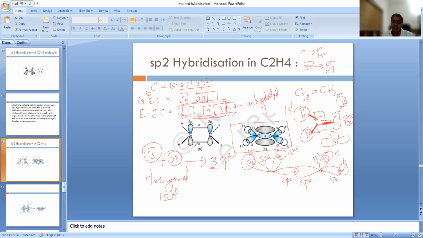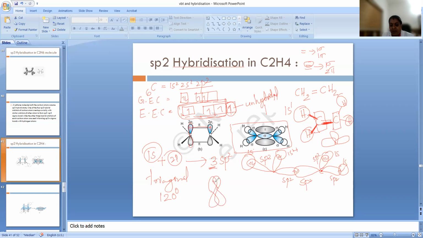Okay, so that is what it is showing here. This is the unhybridized 2pz orbital that is perpendicular to this sigma plane, and it contains an unpaired electron. Both of these carbon atoms have an unhybridized p orbital. Its shape is a dumbbell shape and it contains one electron, and sideway overlap will take place, like this sideway overlap.